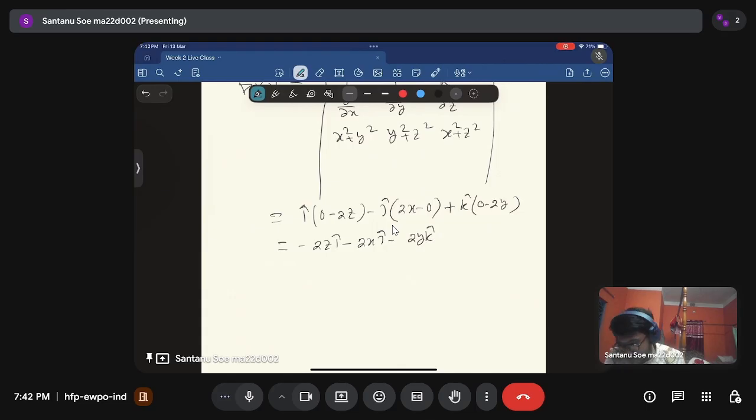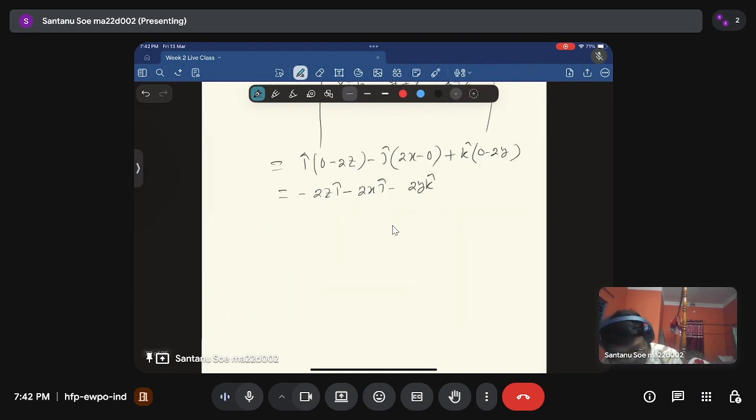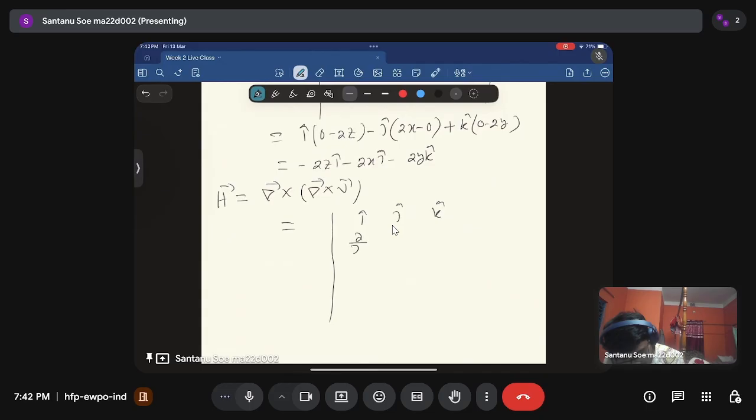Okay, so now h, I mean the vector h, equals the curl of the curl of v. So this is just the determinant of i j k, del x del y del z, minus 2z, minus 2x, minus 2y.